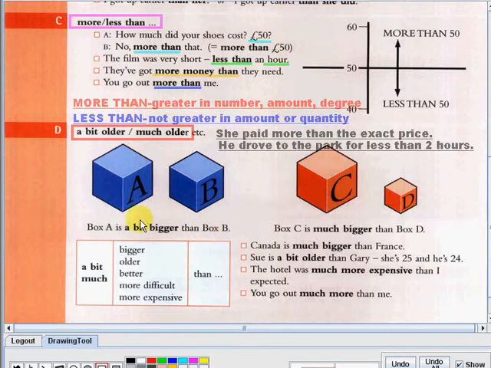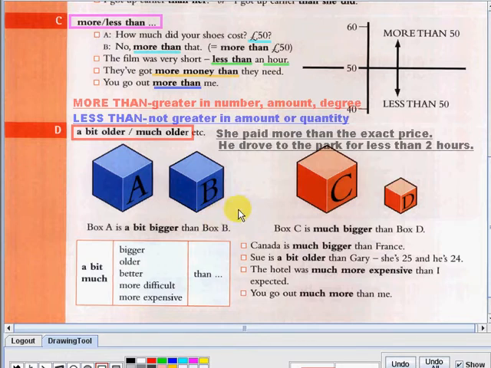It means that there is a small difference in the size of box A and box B. When we say bit, it means a small portion, degree, or amount.